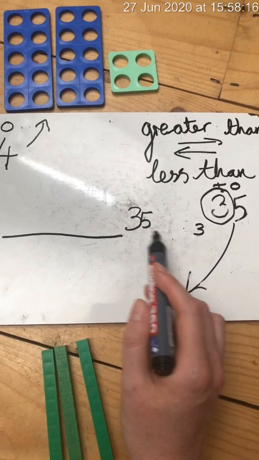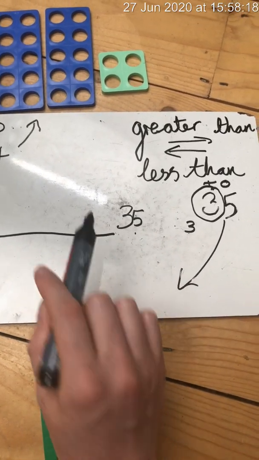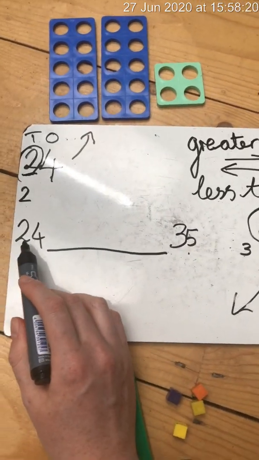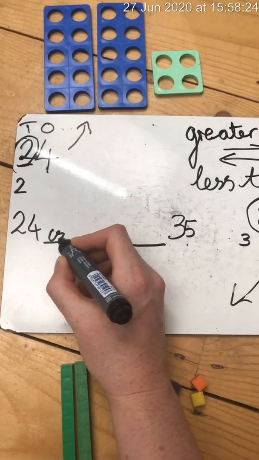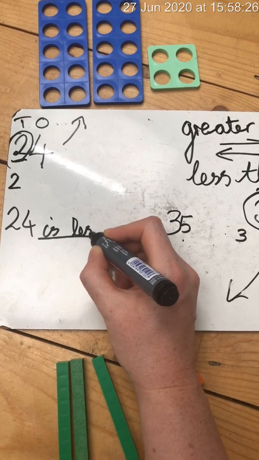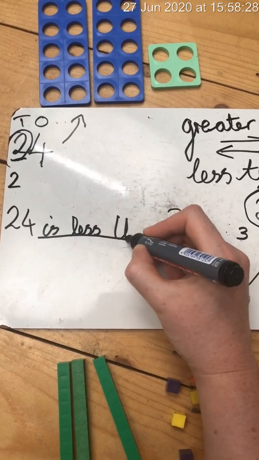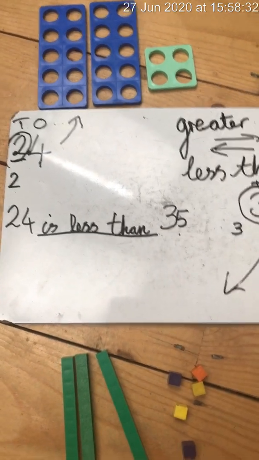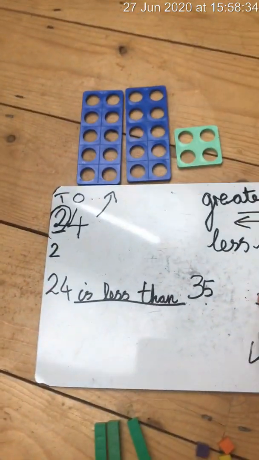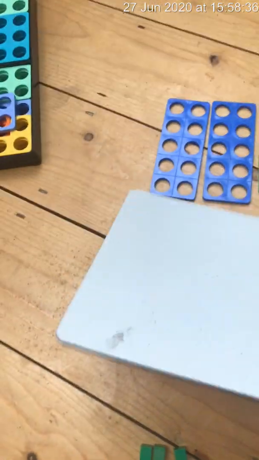And 35's got 3 tens, so 35 is bigger. So we will say 24 is less than 35.